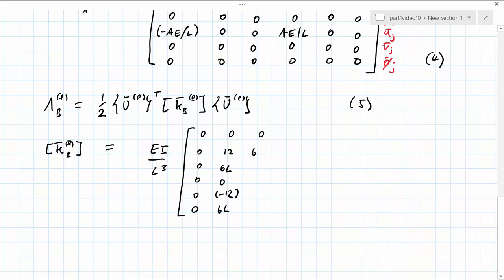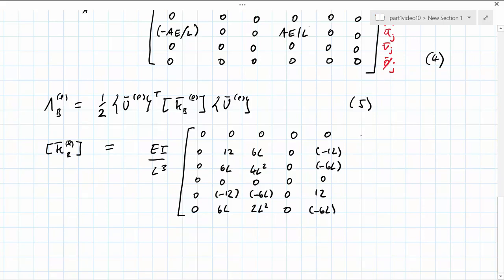Again, another 0, 6L, 4L squared, 0, minus 6L, 2L squared, column of zeros, 0, minus 12, minus 6L, 0, 12, minus 6L, 0, 6L, 2L squared, 0, minus 6L, 4L squared.